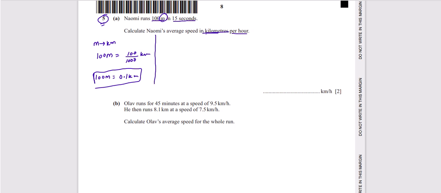And now we convert time, which is in second, into hours. 15 second is equal to 15 divided with 3600.